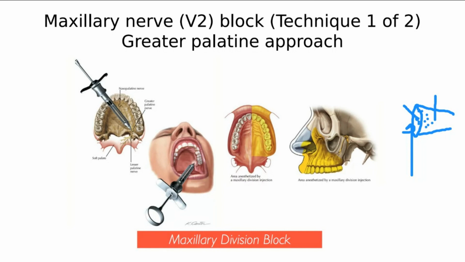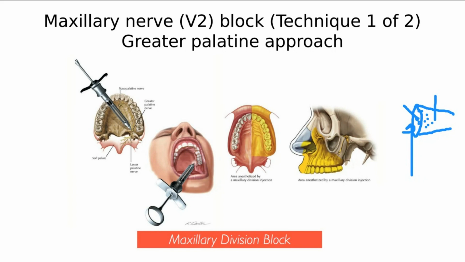The first technique is greater palatine, but in this case, you're not doing greater palatine anesthesia. So you're not going to put the Q-tip and keep it. No, you can put the Q-tip and press it until it gives you a white area, like the area will be blanching.